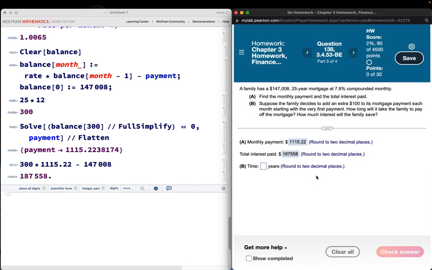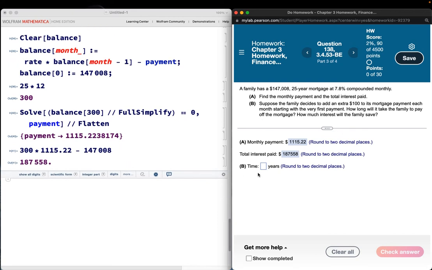Okay, so now part B. Again, my personal opinion is the authors of your math textbook are making Part B a little more complicated than necessary, but that's okay.